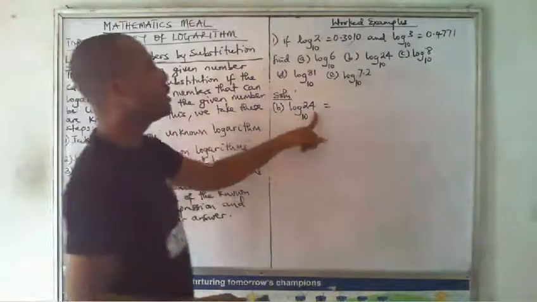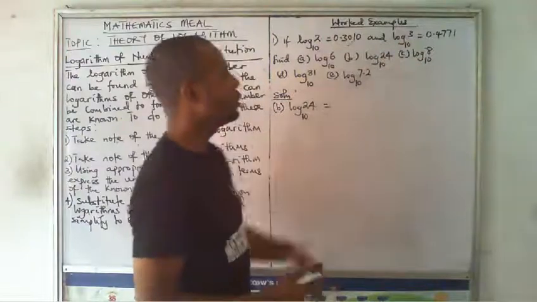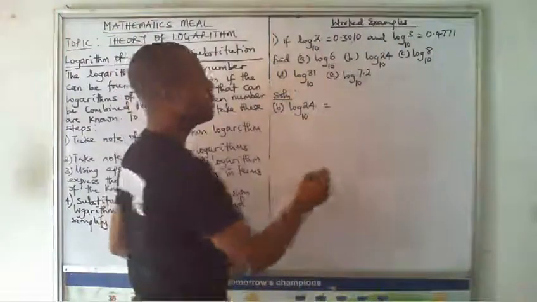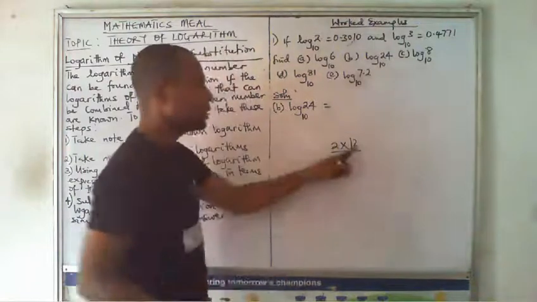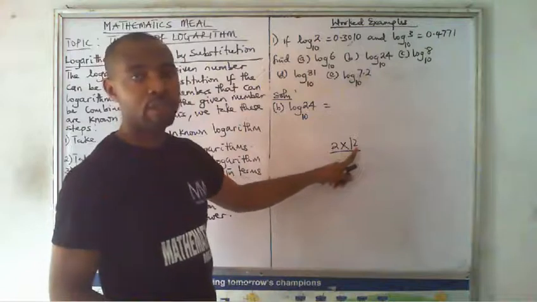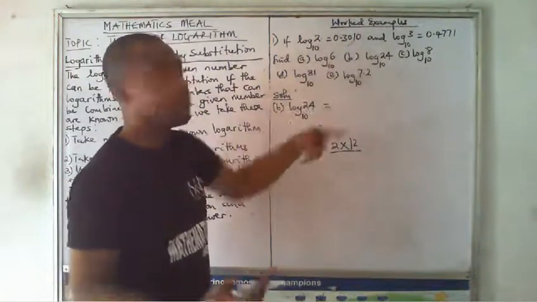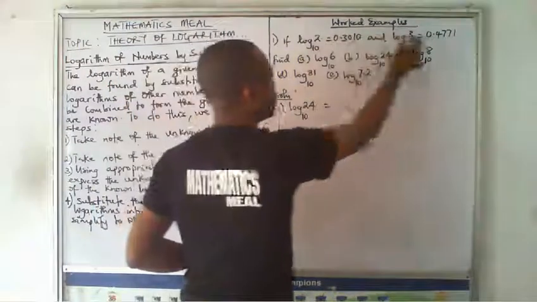Remember the known logarithms are log 2 and log 3. So if anyone decides to say, oh, I know that 24 is 2 times 12, you'll be making a mistake because you don't know the logarithm of 12. They did not give us the logarithm of 12, so how can you possibly do that? So we'll work based on 2 and 3.